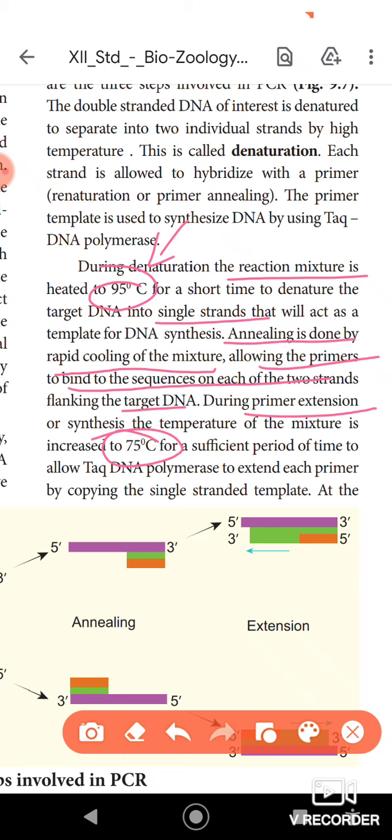When the 75 degree Celsius temperature is applied, those primers start to elongate. அந்த ப்ரைமர் வந்து என்ன பண்ண ஆரம்பிக்குது? எக்ஸ்டெண்ட் ஆக ஆரம்பிக்குது. ஸோ ஃபைனலி ஒரே ஒரு டபுள் ஸ்டாண்டர்ட் டிஎன்ஏ வந்து என்ன பண்ணுது? டூ டபுள் ஸ்டாண்டர்ட் டிஎன்ஏவாக மாறுது.